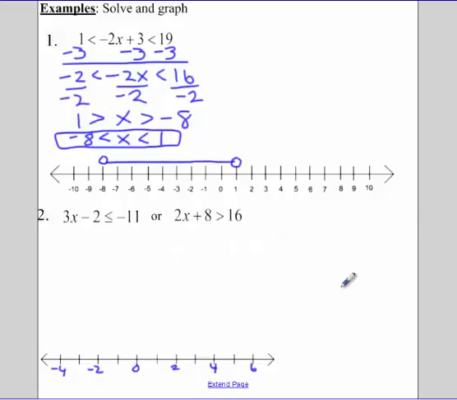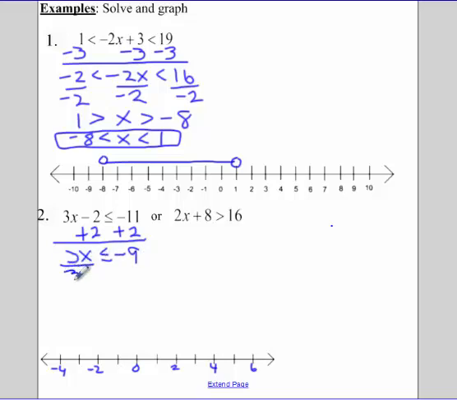The next example is of an OR compound inequality. Solve each inequality individually, but remember to bring down the OR in the middle. Then graph the inequality. So the inequality 3x minus 2 less than or equal to negative 11. Add 2 to both sides. 3x less than or equal to -9.